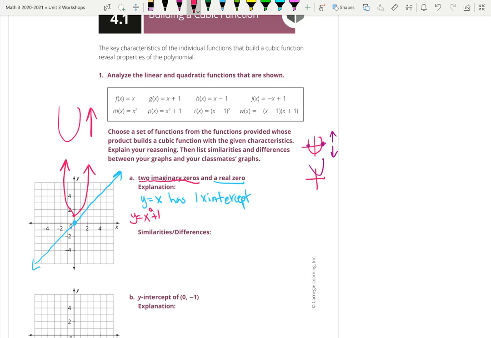Okay, now the idea is that we're going to build a cubic, the product, by multiplying. So look at your x-intercepts. Over on the left side, I see that at 0, p of x is a positive value. To the left, f of x is a negative value.